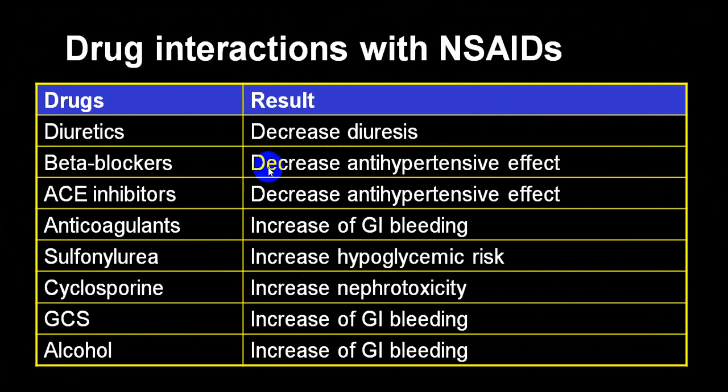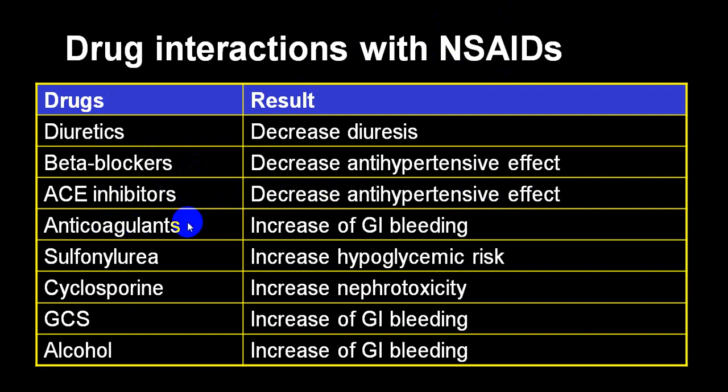There are some drugs whose action is interfered with by NSAIDs, like diuretics. The result will be that they will interact and decrease the diuresis. NSAIDs will decrease the antihypertensive effect of beta blockers. ACE inhibitors, it will decrease the antihypertensive effect of ACE inhibitors.